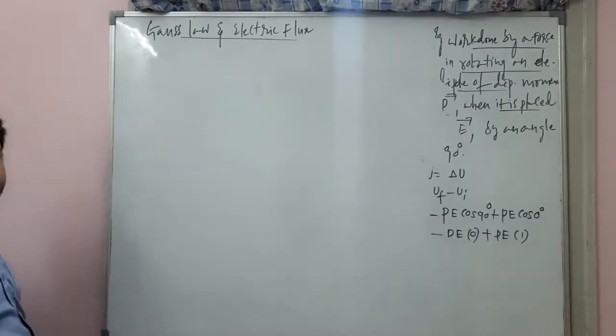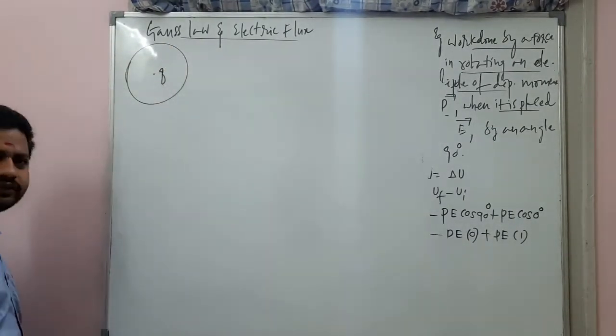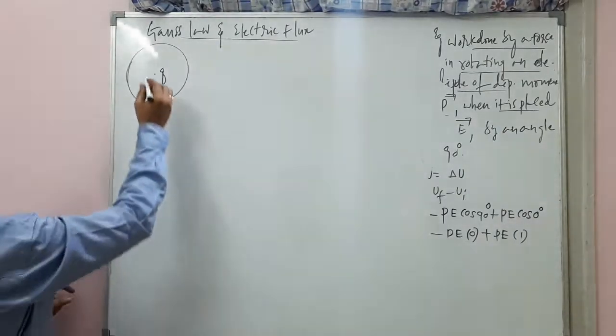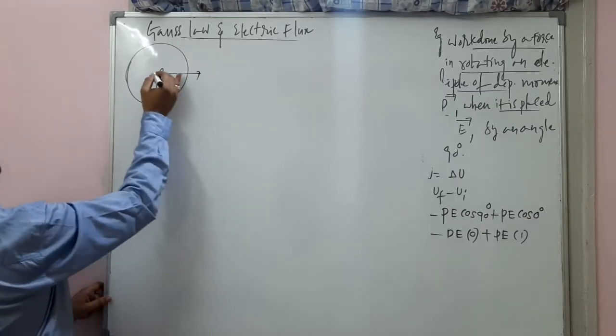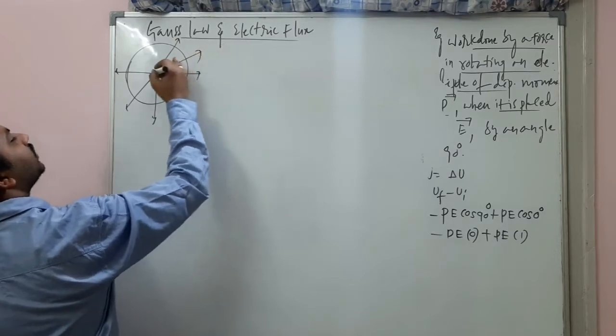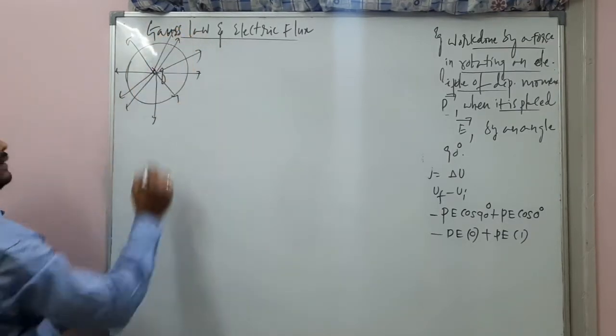So what is Gauss law here? Imagine a closed surface with a charge Q placed inside. Consider the electric flux linked with this surface. This charge will produce electric field lines in all directions, like this, like this, like this.